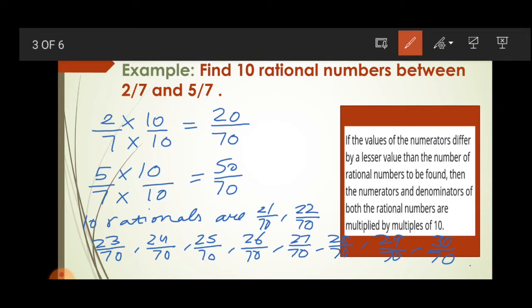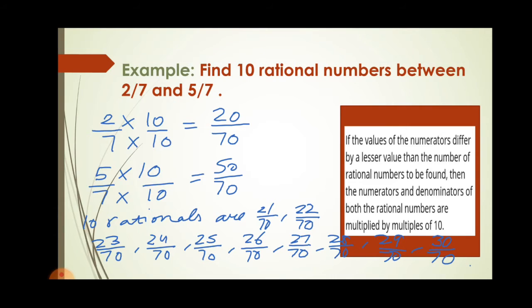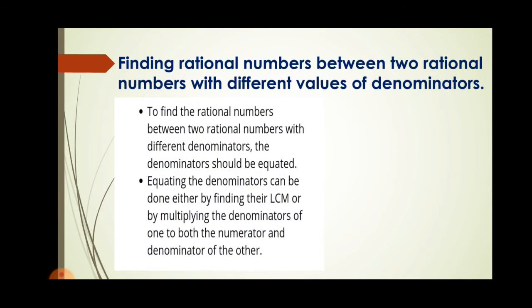We have discussed finding rational numbers between two rational numbers if the denominators are the same. Now let's discuss how we will find the rational numbers between two rational numbers if the denominators are different.